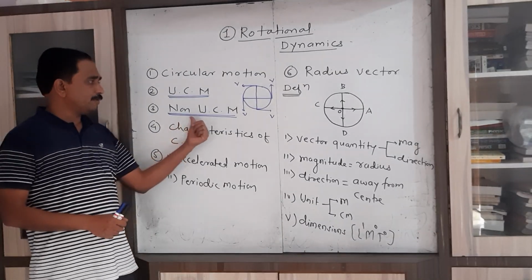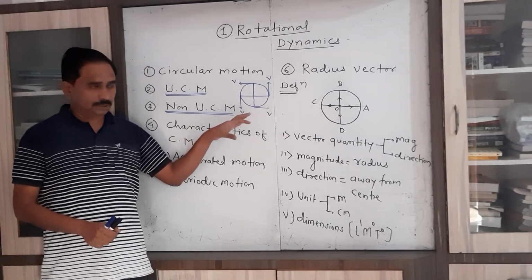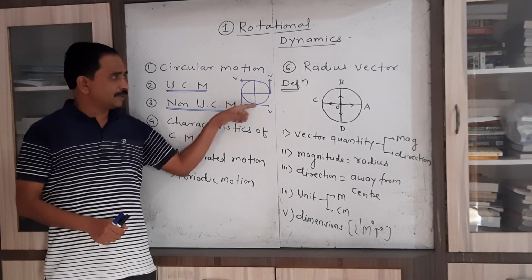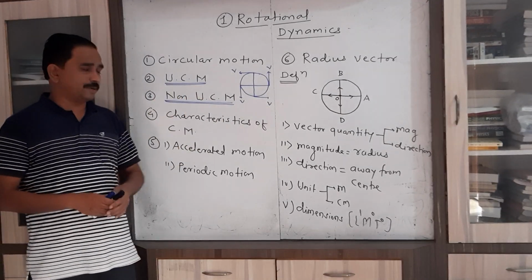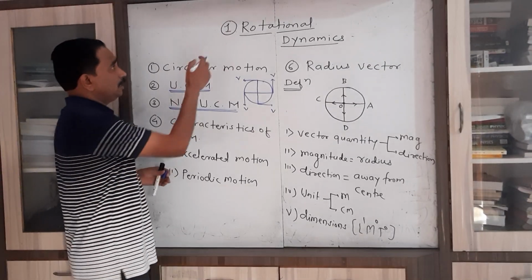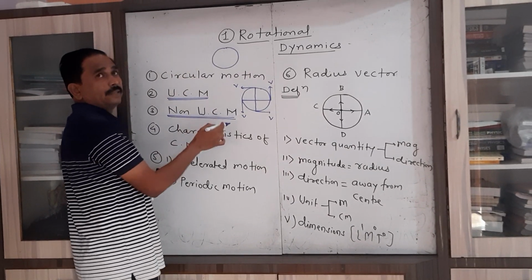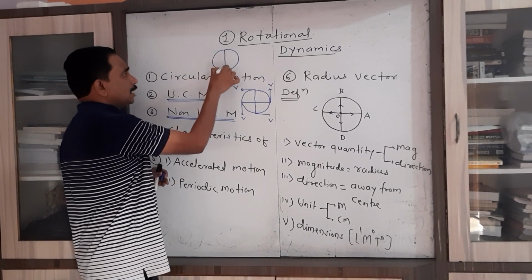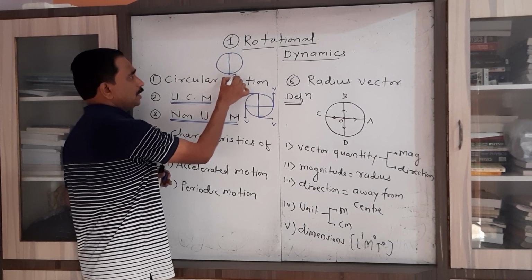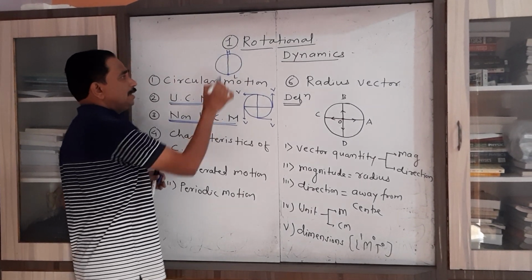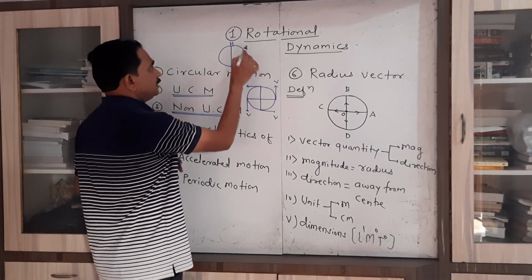Now in the case of non-uniform circular motion, the object moves along the circumference of a circle but with a change in speed. When we consider vertical circular motion, then when the particle moves from the lowest position to the highest position, its speed changes.